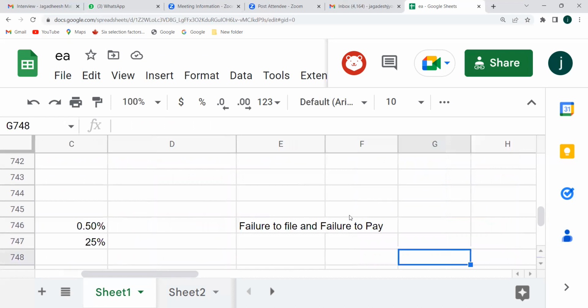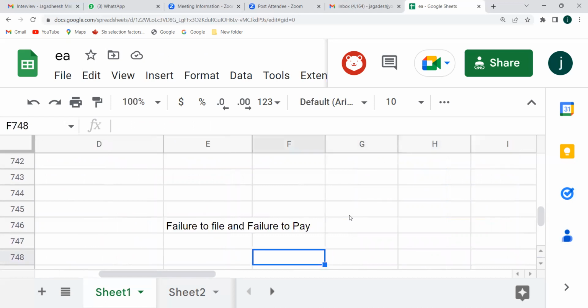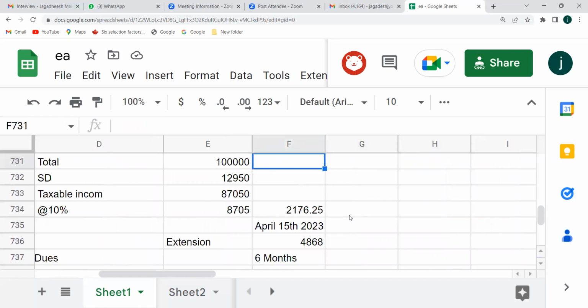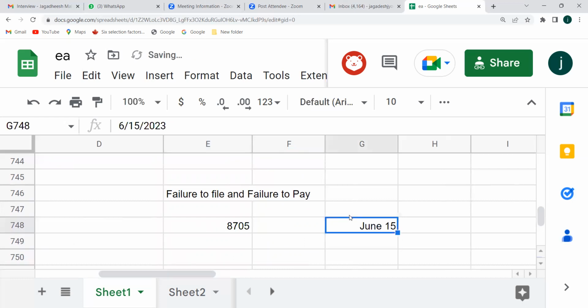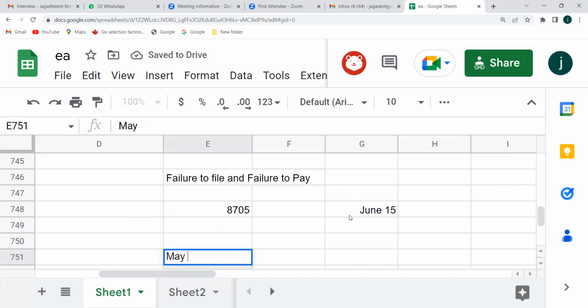Say now we can take an example. In the same case, 8705, we'll take this amount only. 8705 is the amount which we didn't pay till June 15th. And in the May month and June month, what do we need to pay?